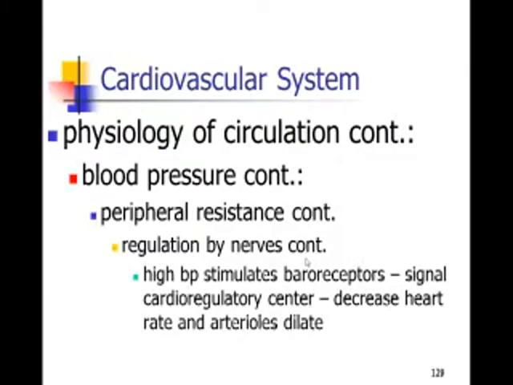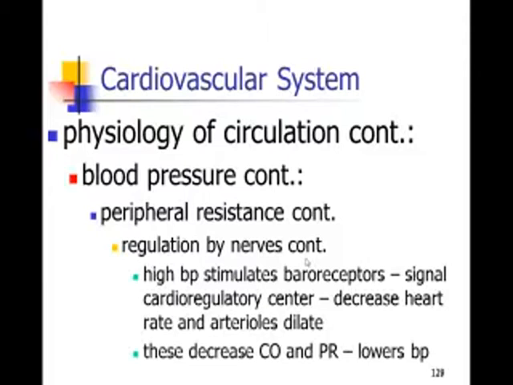High blood pressure is going to affect the baroreceptors. Under the conditions with high blood pressure, they're going to signal the cardioregulatory center, and they decrease the heart rate and they allow the arterioles to dilate. A decrease in heart rate and dilation of the arterioles is going to reduce peripheral resistance and reduce cardiac output, and that lowers the blood pressure.